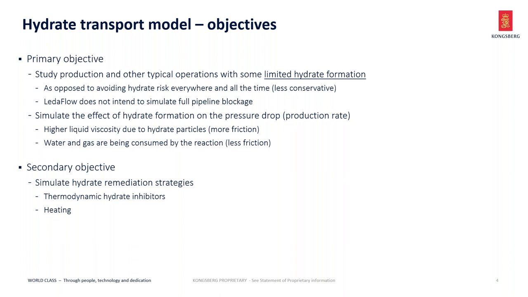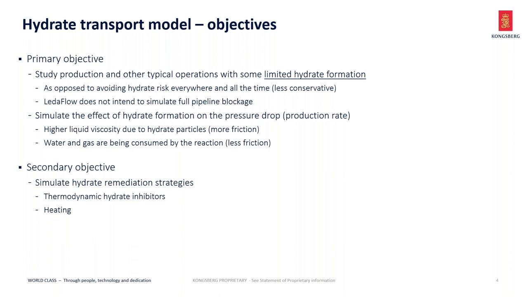Then also we want to simulate the effect of hydrate formation on the pressure drop in the production system, mainly because if the pressure drop in the pipeline goes up, probably the wells will produce less. So that is important to take into consideration when determining if it's feasible or not.